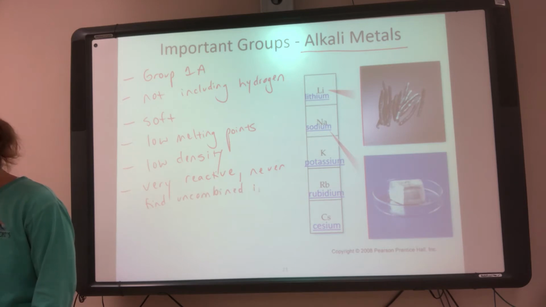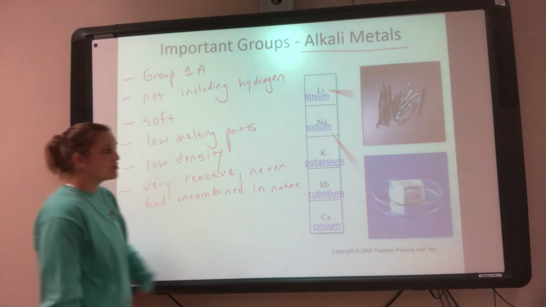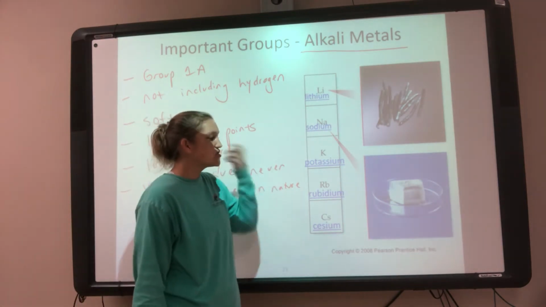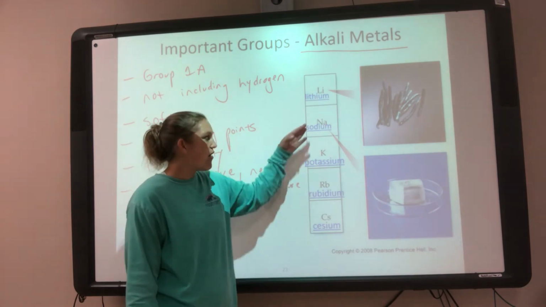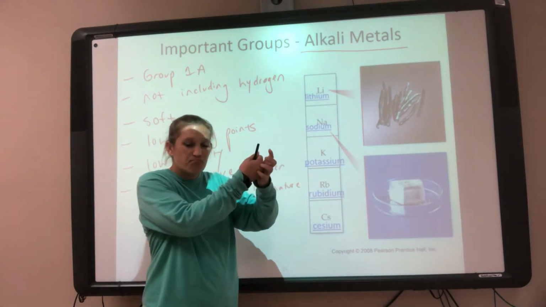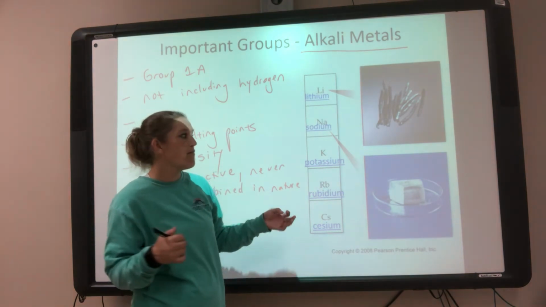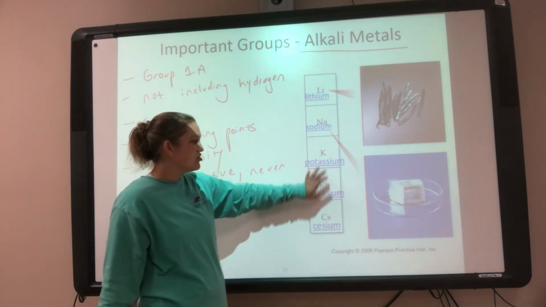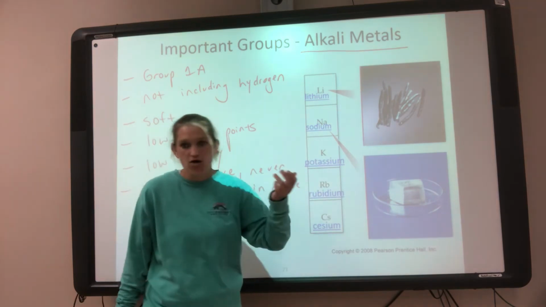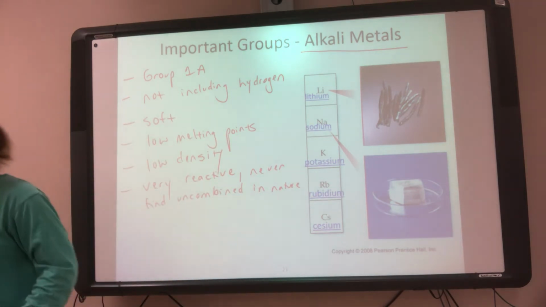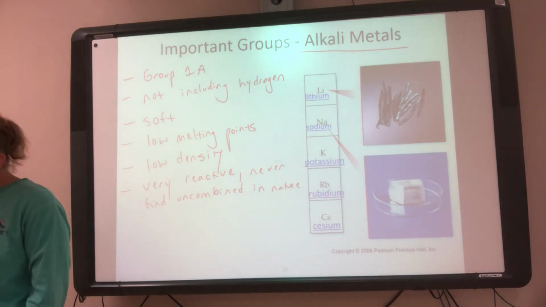So to get them by themselves, we have to find them combined. For example, sodium, most of the time it's in salt, NaCl. So I have the salts and then I have to pull out the sodium. I have to purify and break apart the compound to get the pure guy. You're not just going to find some sodium lying around. It's always going to be reactive with somebody.